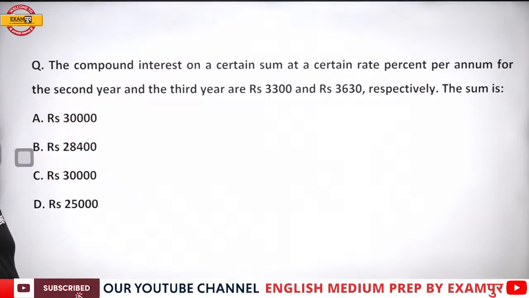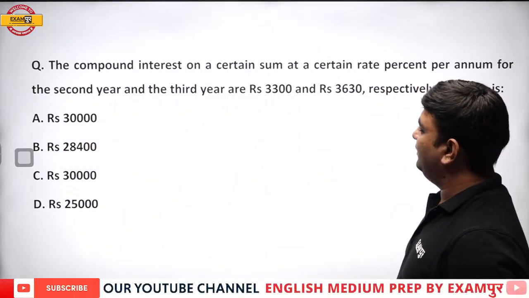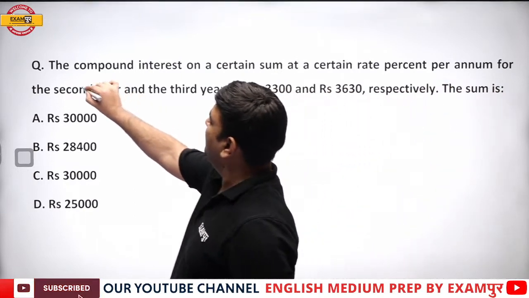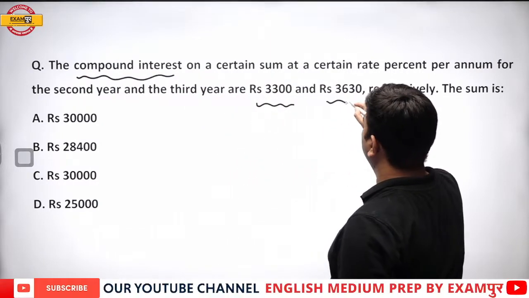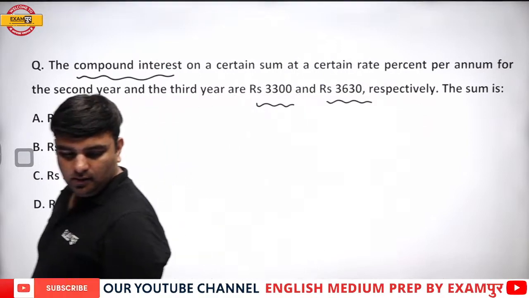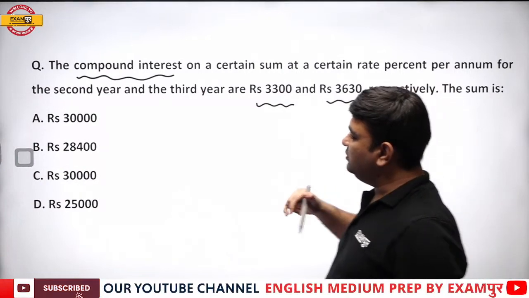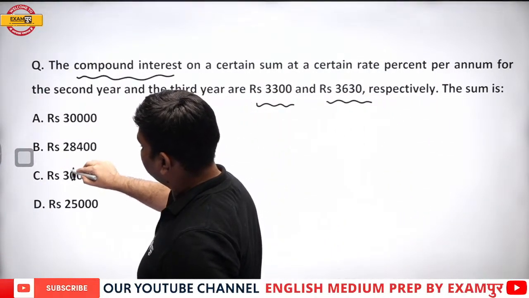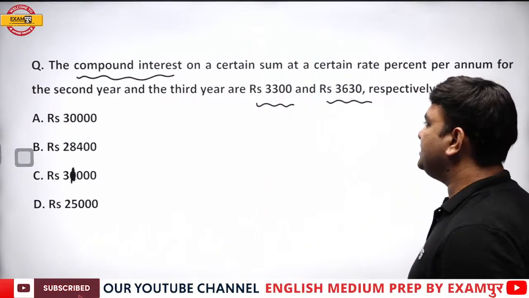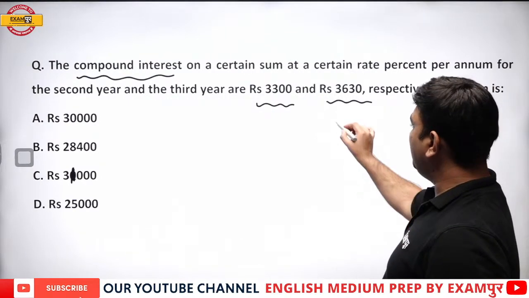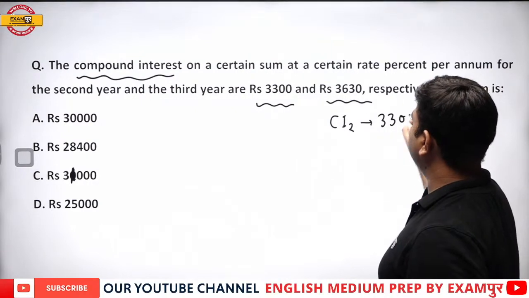First tell me. No. Here the compound interests are given. This is not the amount. This is the compound interest of the second year and the third year. Okay, values are the same, so make it 31,000. So this is the compound interest, not the amount. CI for second year is this much. CI for third year.